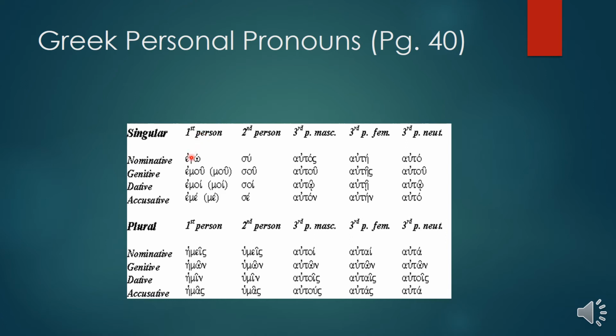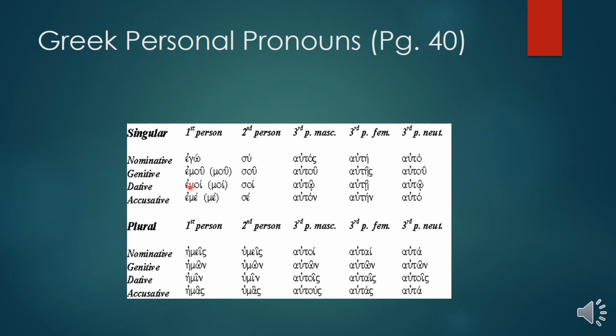So in the nominative first person pronoun, I is ego. But if I want to say, instead of I ate the apple, the apple of me, that's in the genitive case, and ego will change to emou. Notice the genitive ending on the end of emou. Sometimes the epsilon will drop off and it's just mou. If it's dative, it's emoi.